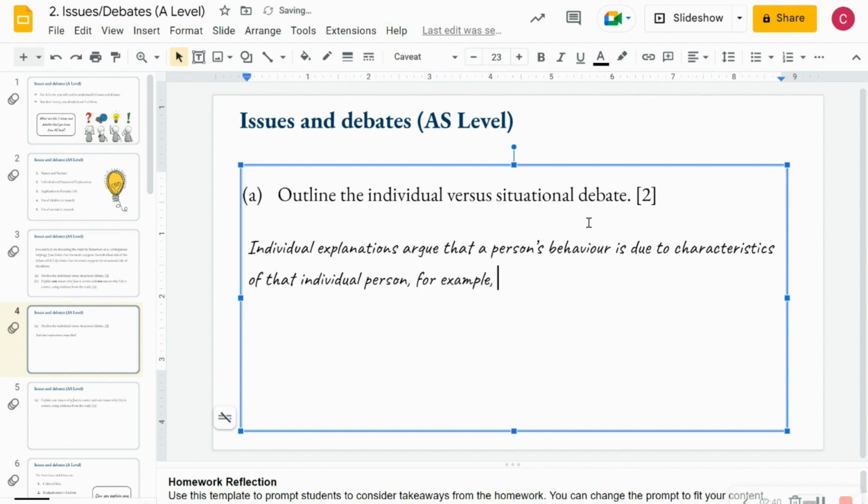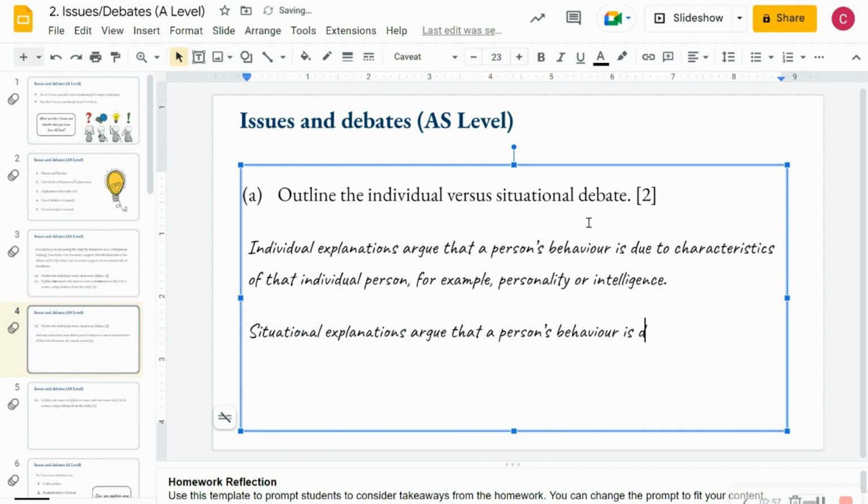For example, personality or intelligence. Situational explanations argue that a person's behavior is due to features of their environment. For example, a nearby authority figure.